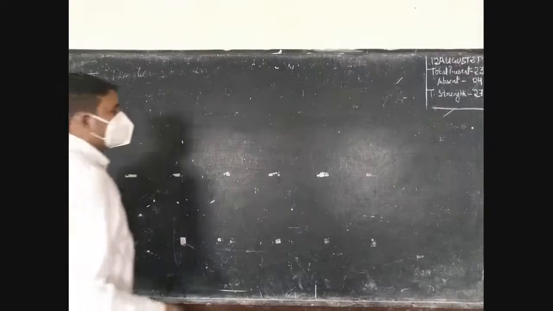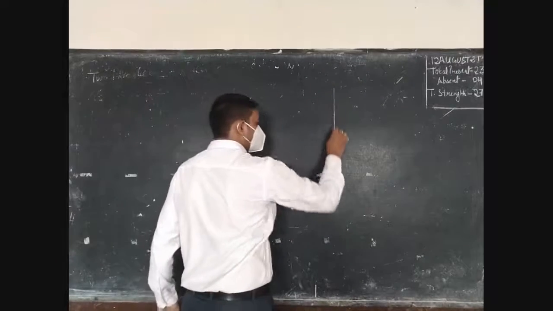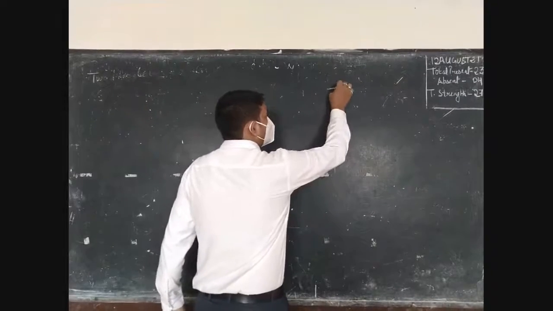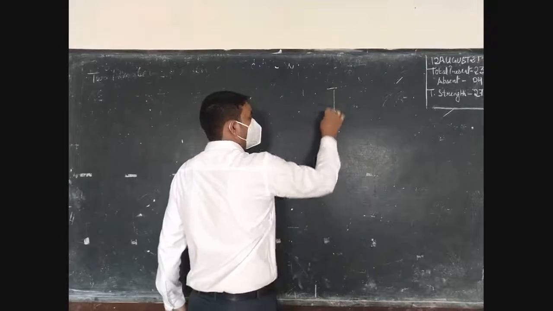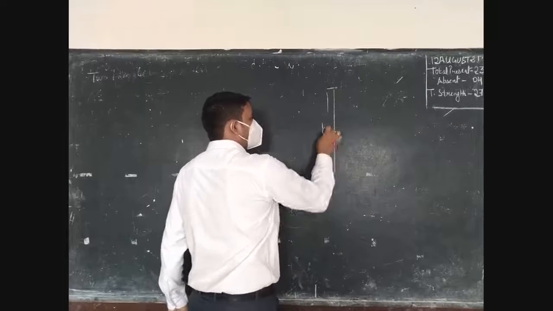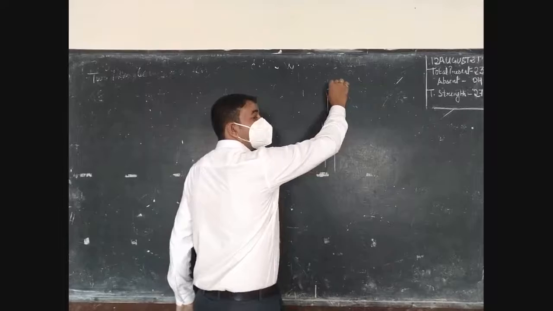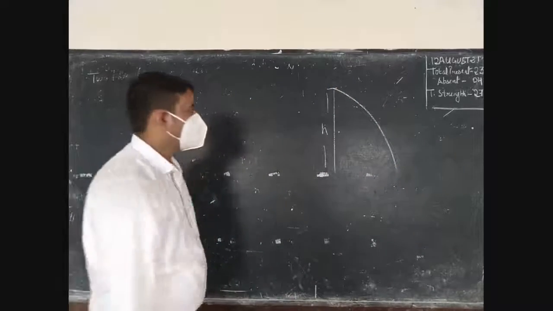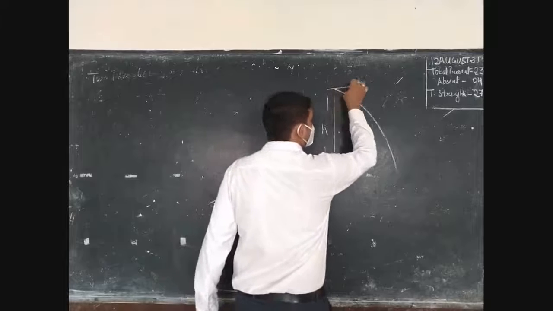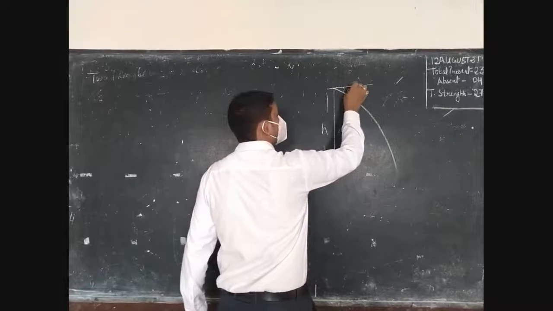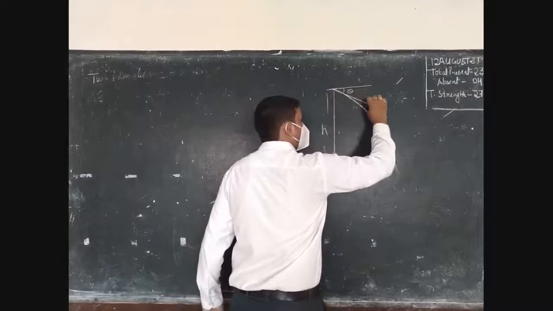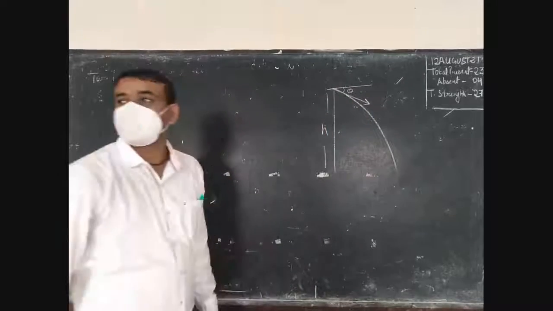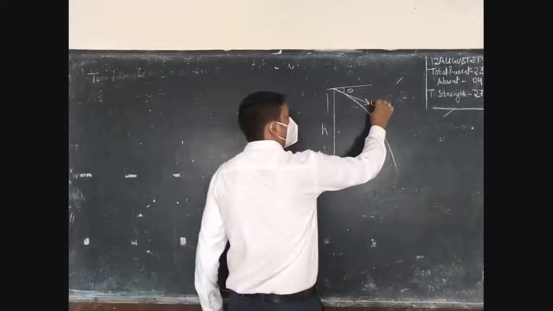For example, a stone thrown from this initial height above the ground with an angle theta. What is angle theta? This is angle theta, in the direction of its initial velocity.